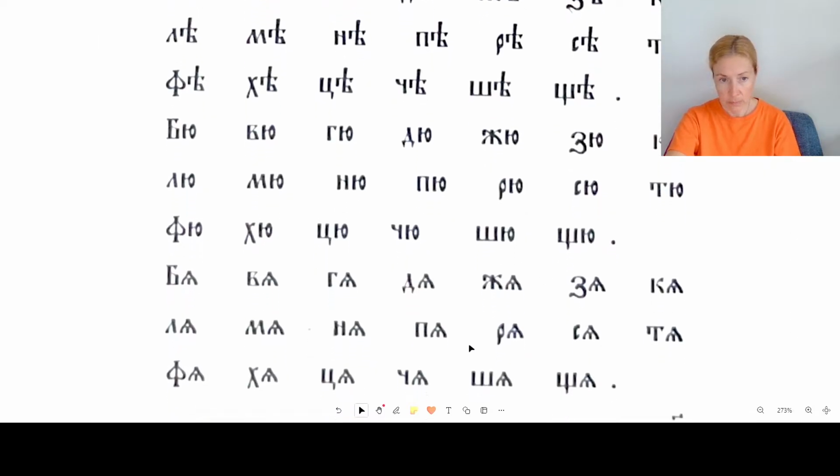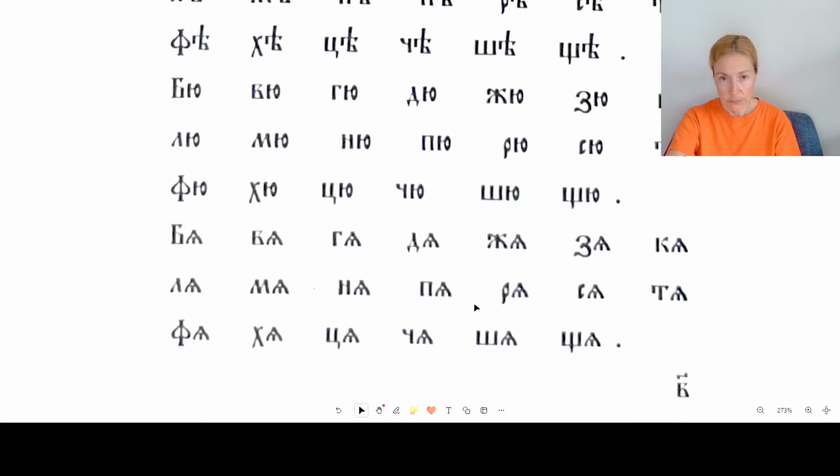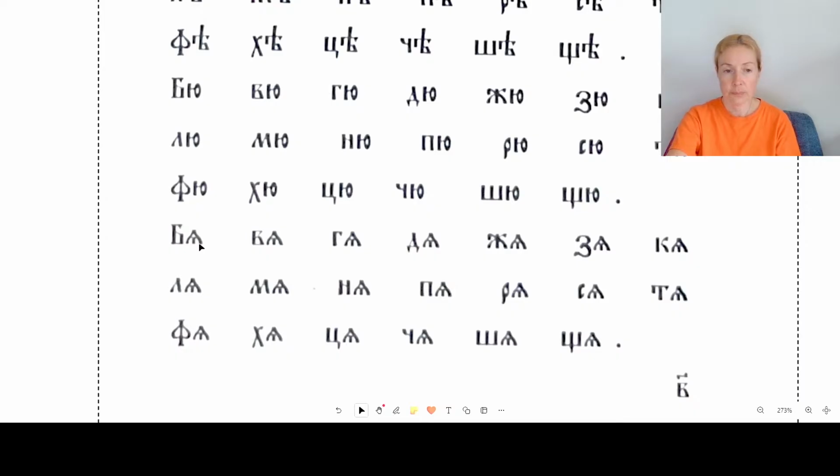Okay? And here we go. Ready for the next one? What letter is this one? What vowel? It's small u's. How do we read small u's?